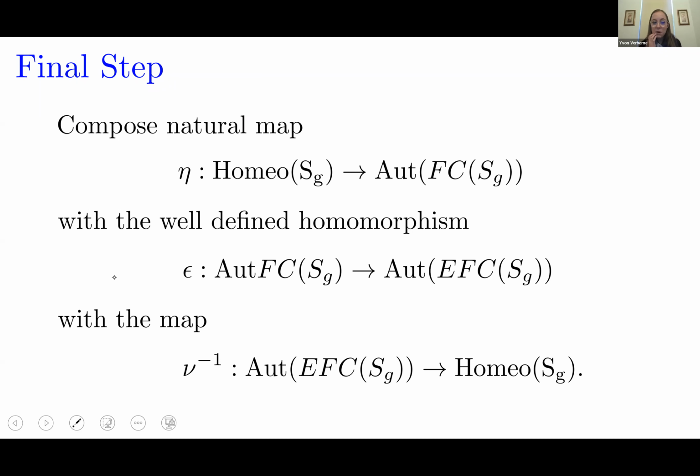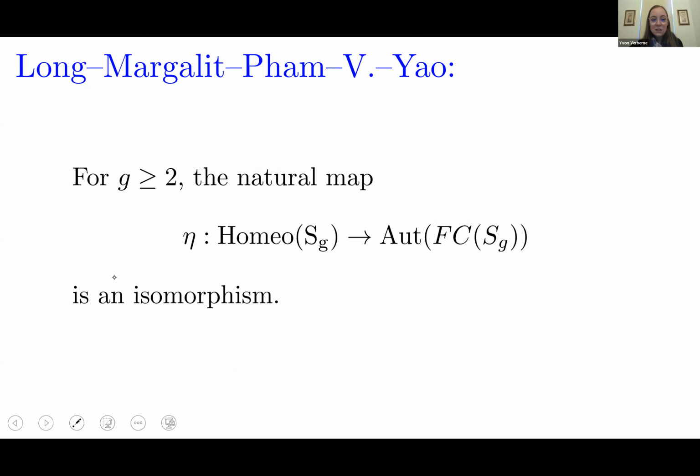And lastly, we'll compose this with the map by Farb-Margalit, which tells us that there's a map from the automorphisms of the extended fine curve graph to the group of homeomorphisms of a surface. So what we were able to show is that for closed surfaces of genus at least 2, the natural map from the group of homeomorphisms of a surface to the automorphisms of the fine curve graph is an isomorphism.